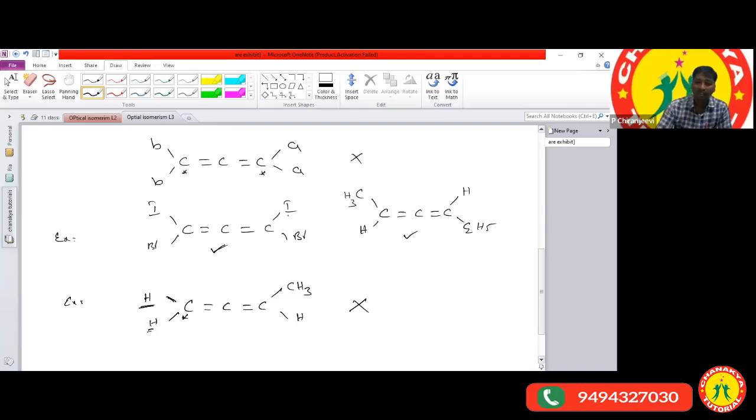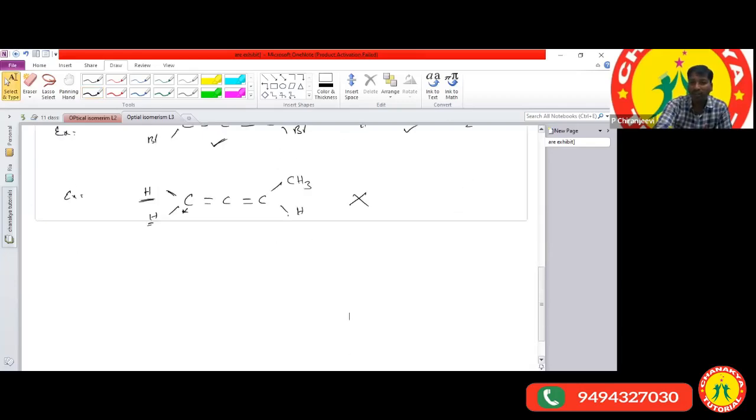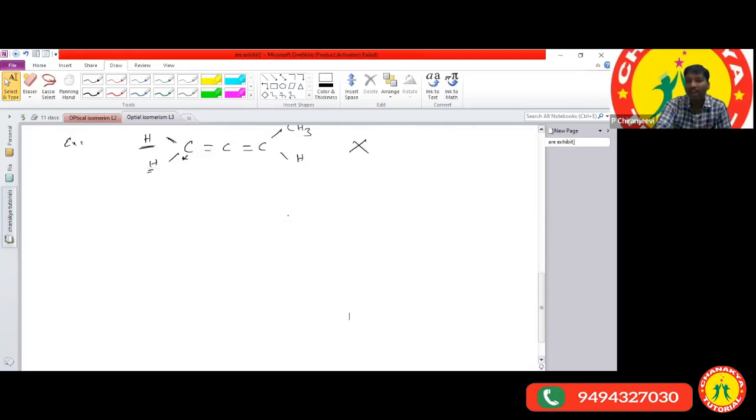In this chapter we are going to study enantiomers and diastereomers. How many of you have clarity about enantiomers and diastereomers? Actually, optical isomerism we are going to study under the 12th haloalkanes and haloarenes chapter. The main important questions are asked based on SN1 and SN2 reactions.